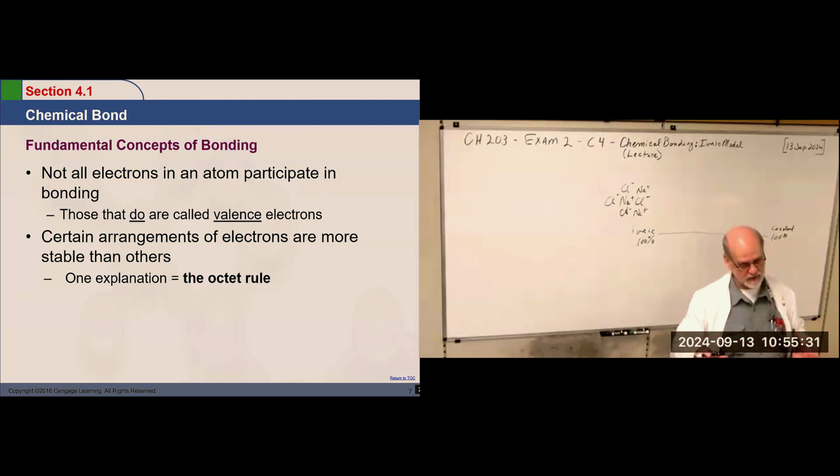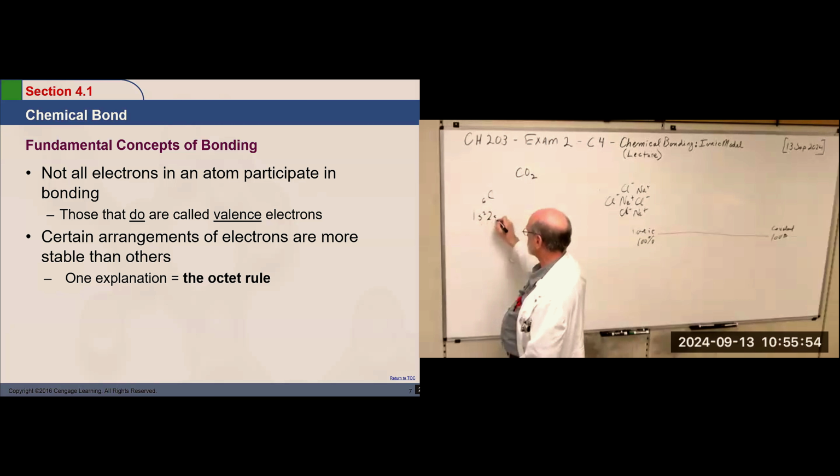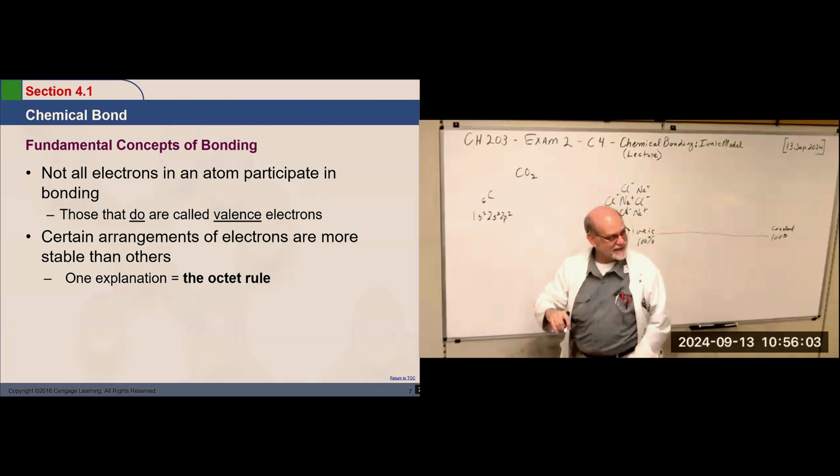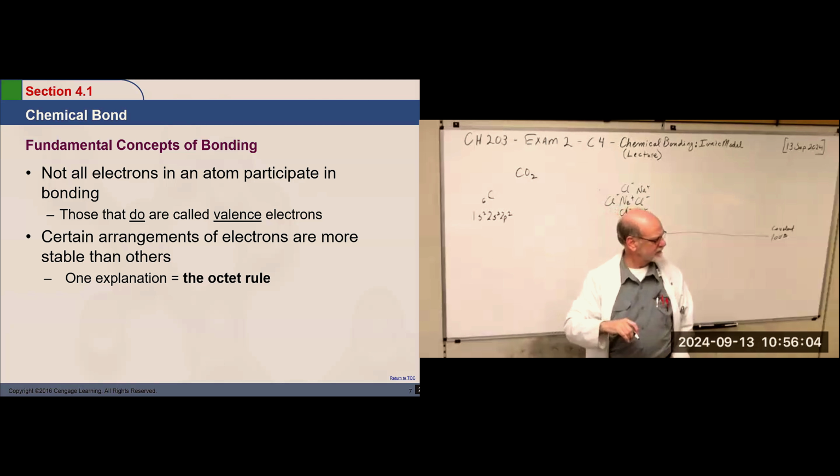For example, let's see, carbon dioxide, how about that one? So carbon, we know, is 6 electrons, right? So it'd be 1s2, 2s2, and 2p2. Oxygen would be, let's see, 8. Yeah, it has 8.